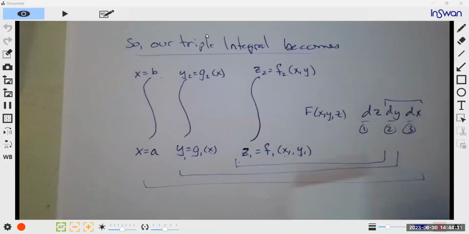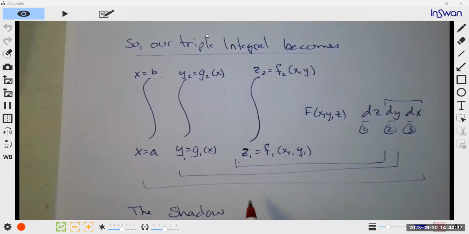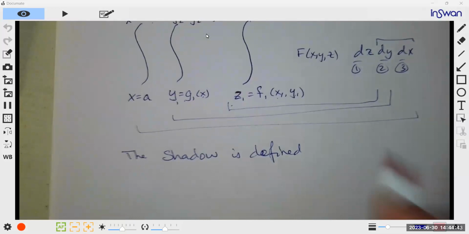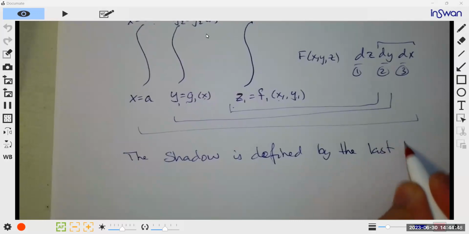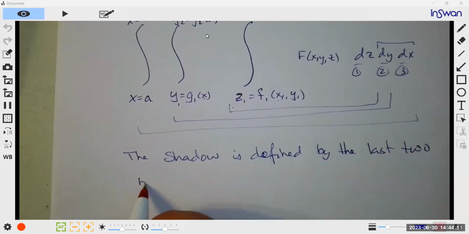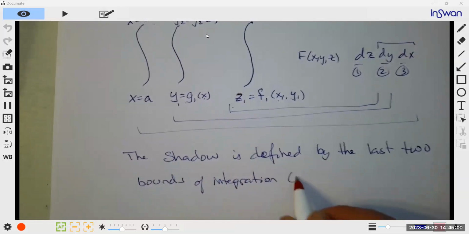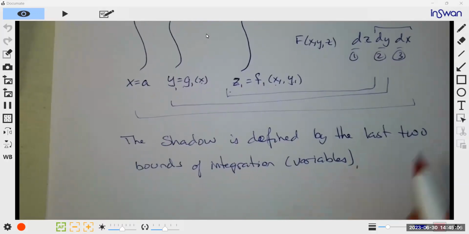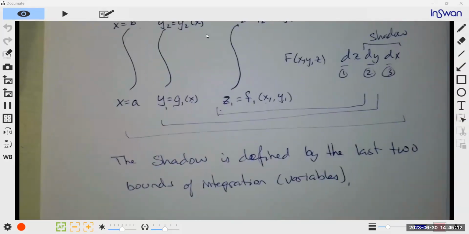And remember, the shadow is defined by the last two bounds of integration, the variables. So these two define your shadow region.